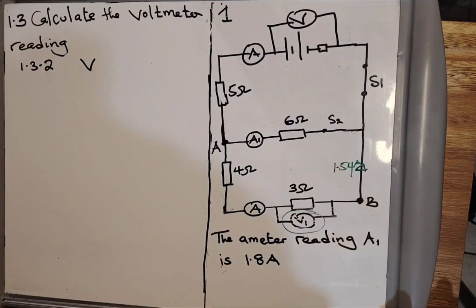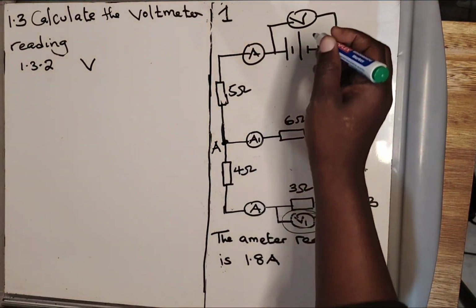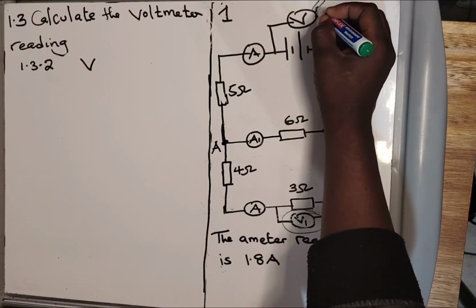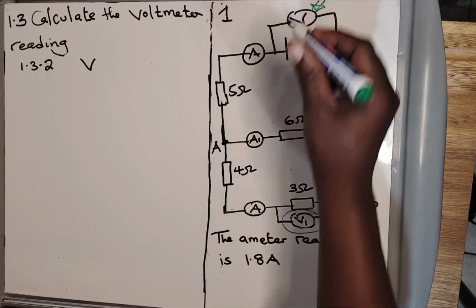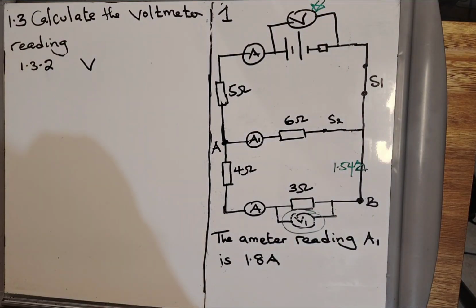Then comes our next question. It says calculate the voltmeter reading V. Now the V we are talking about is this one. And that V is a very fundamental V. It has a name.